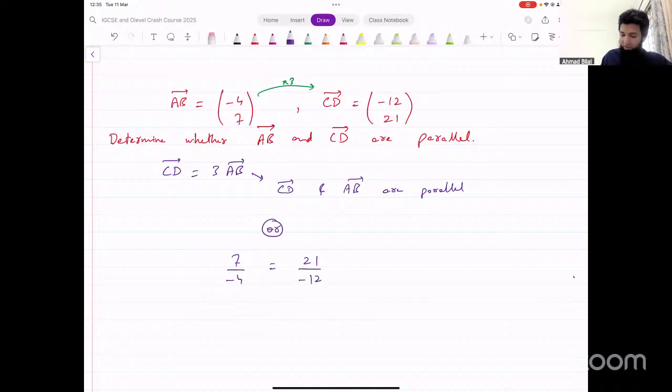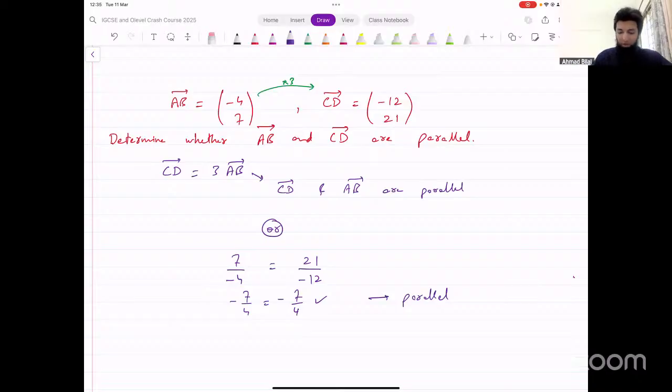If they're both equal, we get -7 over 4 equals -7 over 4. They're both equal. That means they are parallel. Okay. That's another way of thinking about this, that we just divide the ratios of the corresponding components. And this is something that we'll find really helpful in more complicated examples.